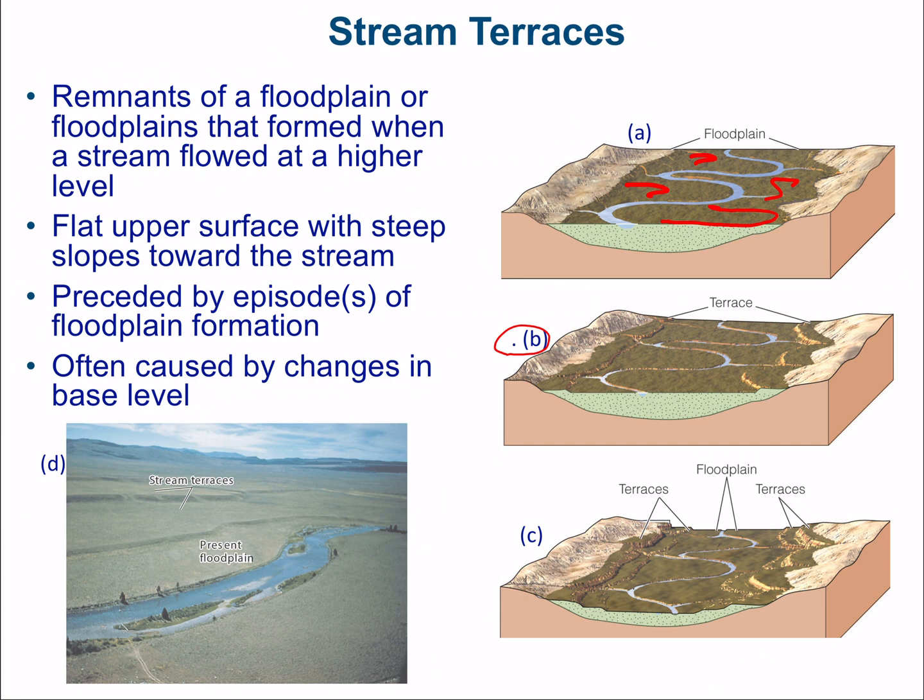So here we have a terrace right here, and in this picture a terrace here, and a terrace there. My check marks indicate the different terraces due to erosion.